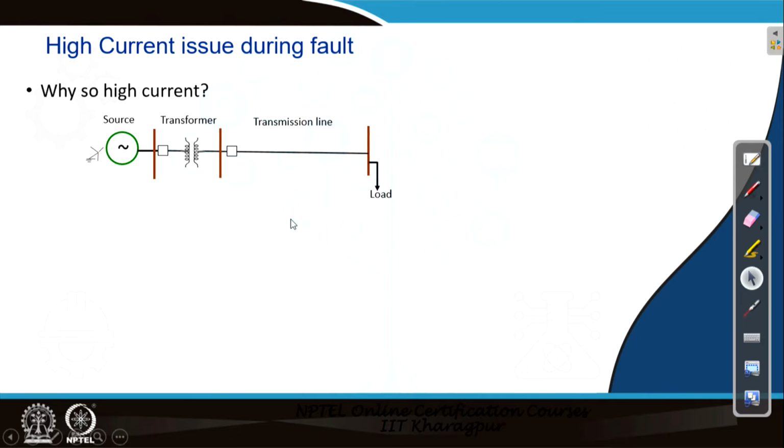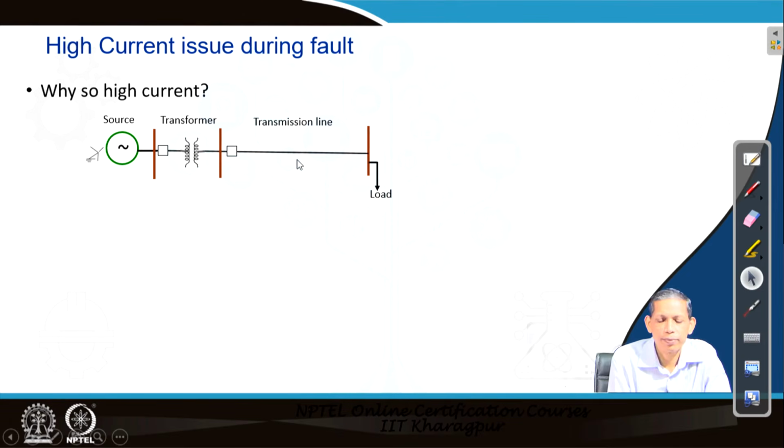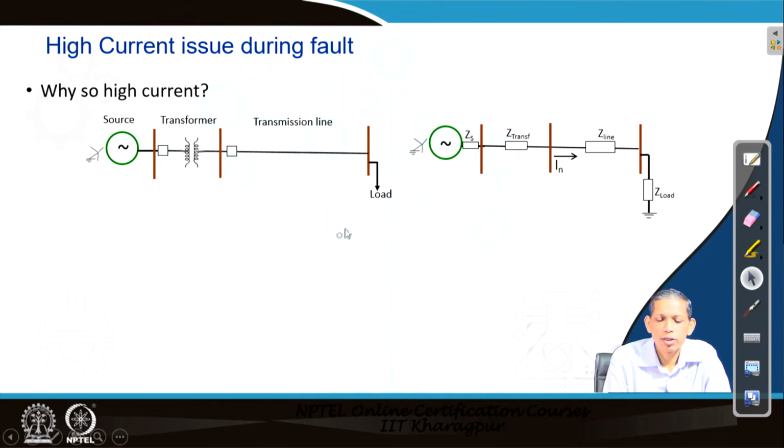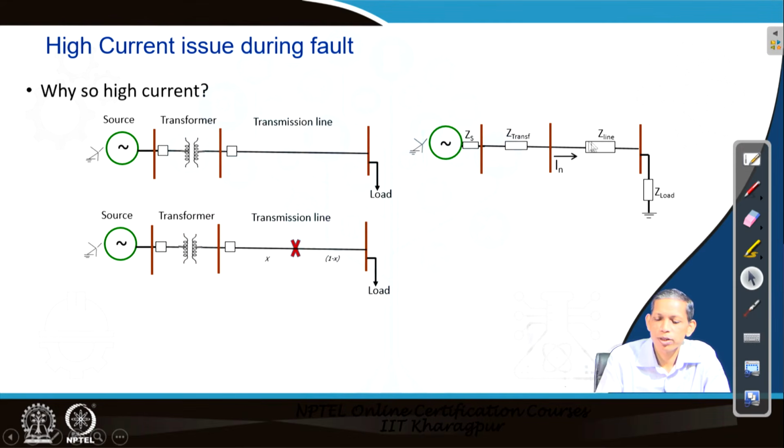Let us come to a representative system, a small system like this: source, a transformer connecting a transmission line. For this case, the normal power flow will be from the source to the load, and we have taken the equivalent of this system in terms of Thevenin's voltage and the impedances: source impedance ZS, transformer impedance Z transformer, Z line and Z load.